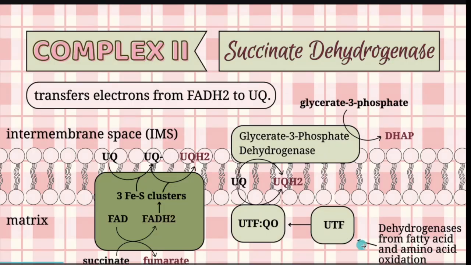It's basically any oxidation of fatty acids or amino acids that will donate their electrons to UTF, which donates the electrons to UTFQO, which will donate the electrons to ubiquinone, forming dihydroubiquinone. Glycerate 3-phosphate is separate.